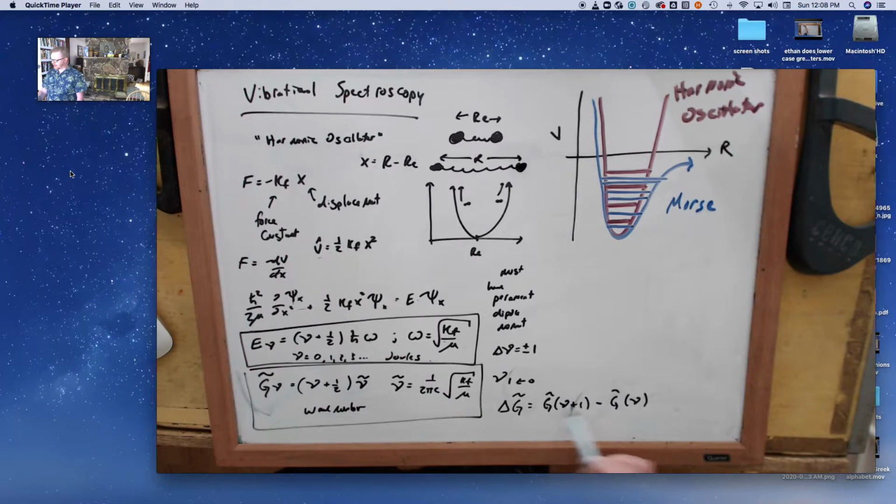So this is my going from the 0 to 1 transition. So if nu is equal to 0, G of 0 plus 1, G of 1, minus G of 0. And if we did that on this equation, you would find that just equals that constant right there.